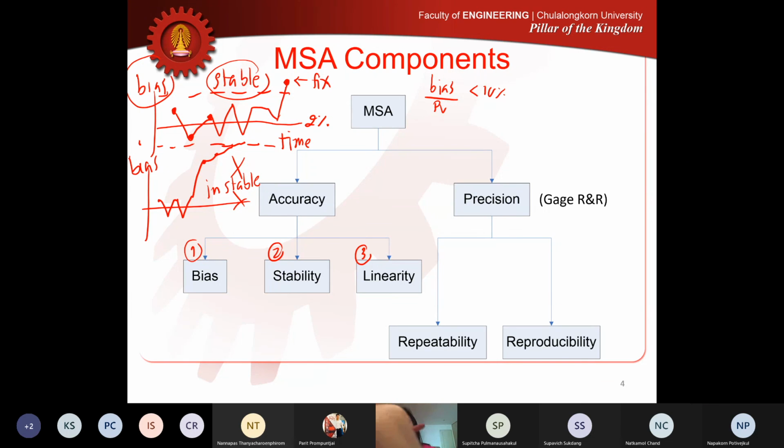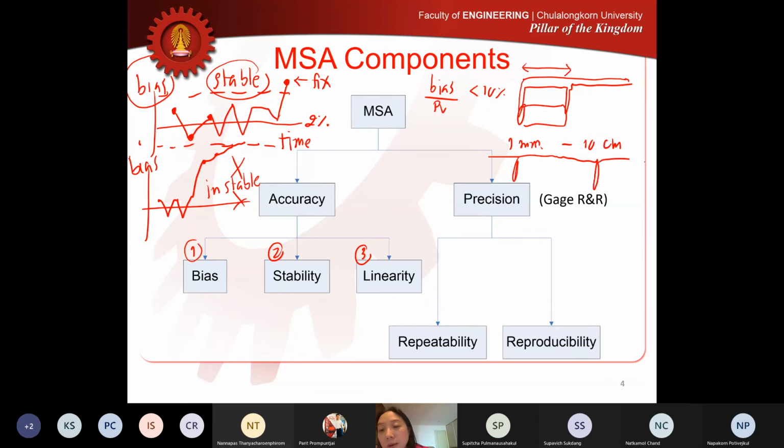For example, if you have a vernier, remember vernier is an equipment like this that you use to measure, for example, the length of the parts, and the operating range here, it can measure parts which are very small, like from 1 millimeter to, for example, 10 centimeters. So it can measure things which are bigger, right?